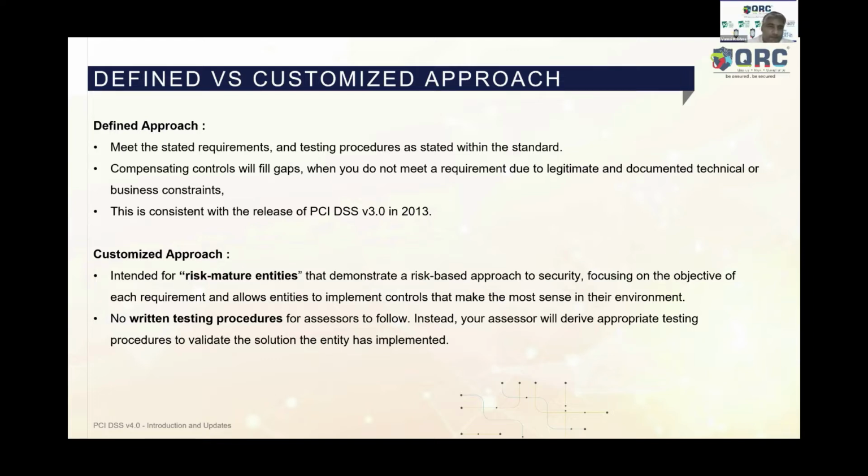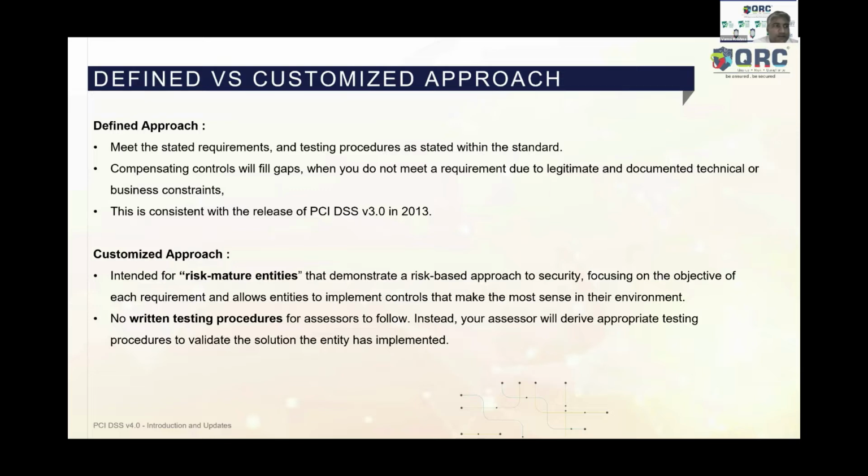Actually, in sampling, the references have been removed from 4.0. Sampling depends on the environment, on what kind of sampling methods we should use. That option is given to the assessor companies, because one sampling approach cannot be applied to all types of organizations. It's not fit for all.